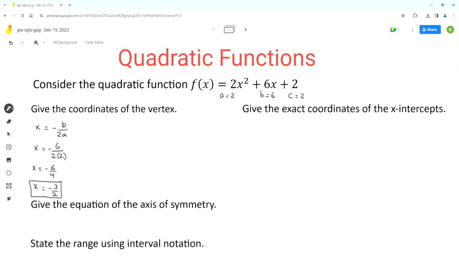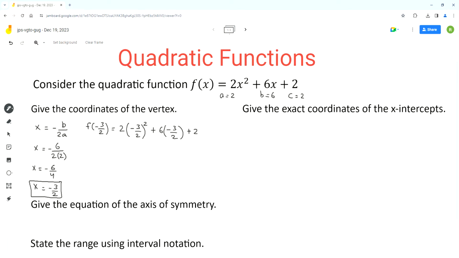Now we'll have to find the y coordinate. So we'll sub in x as negative 3 over 2 in the given equation. So f at negative 3 over 2 is equal to 2 times negative 3 over 2 squared plus 6 times negative 3 over 2 plus 2.